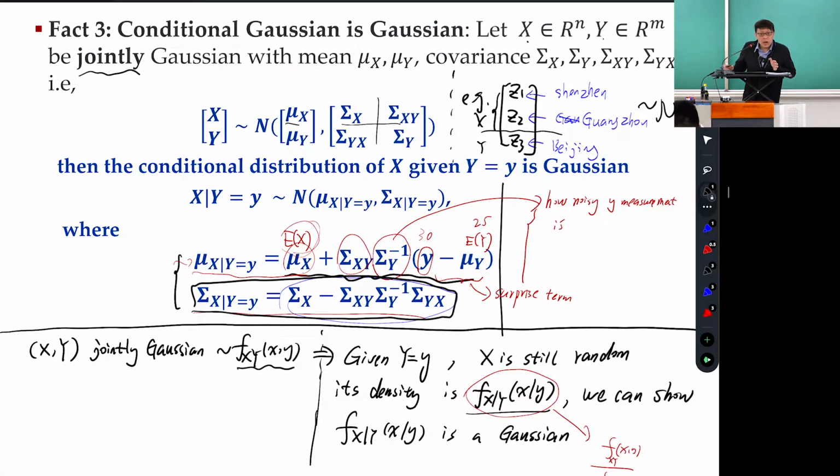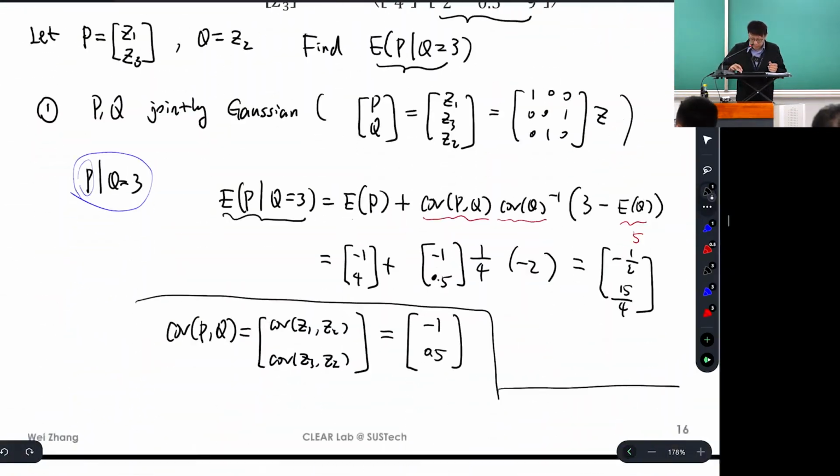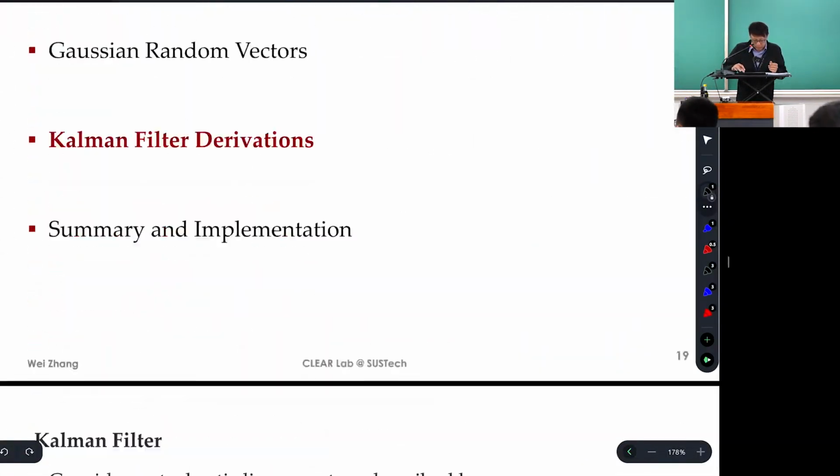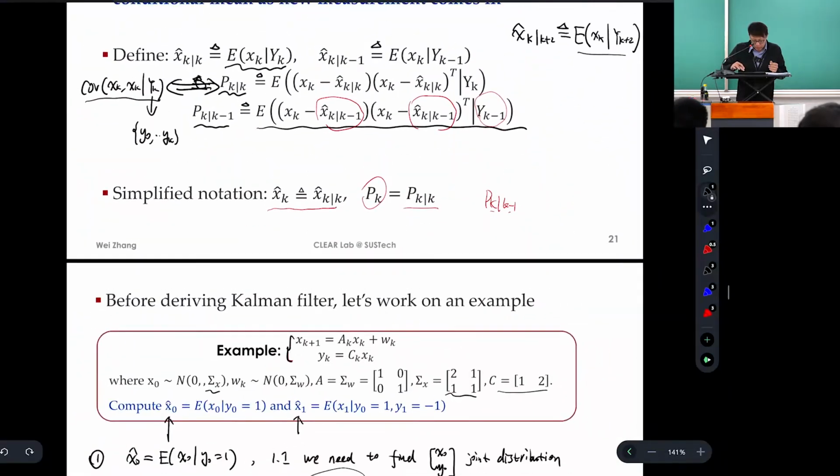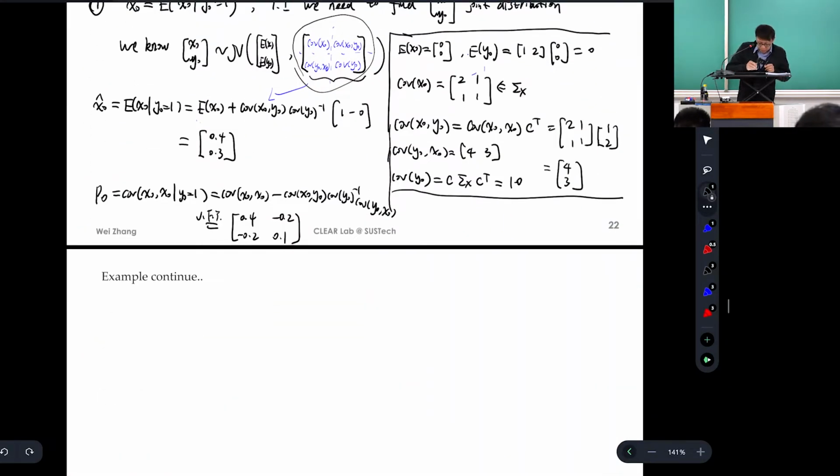Once you observe y equal to small y, x is Gaussian. Whatever Gaussian has a mean and covariance, and it turns out the covariance has this form. That's it. Okay, we have this, then we can move on to the next step.